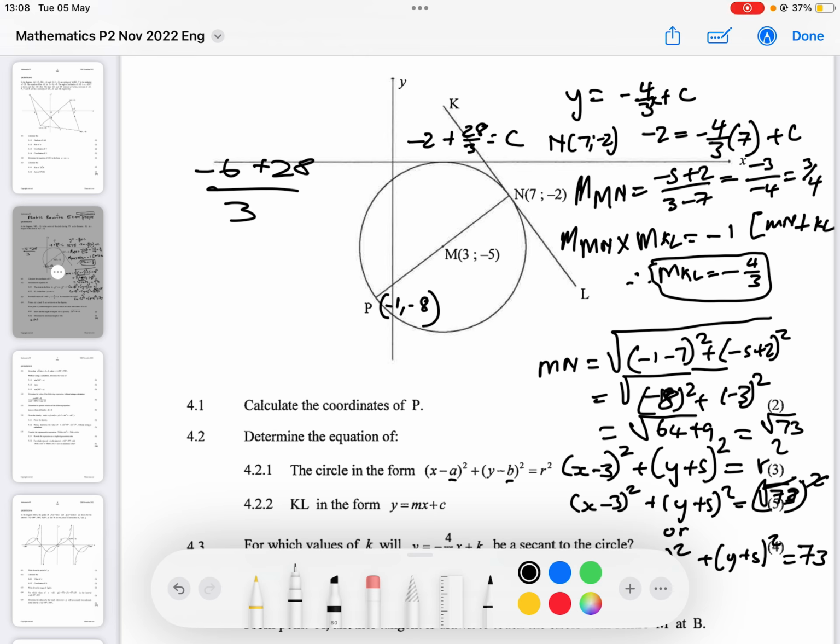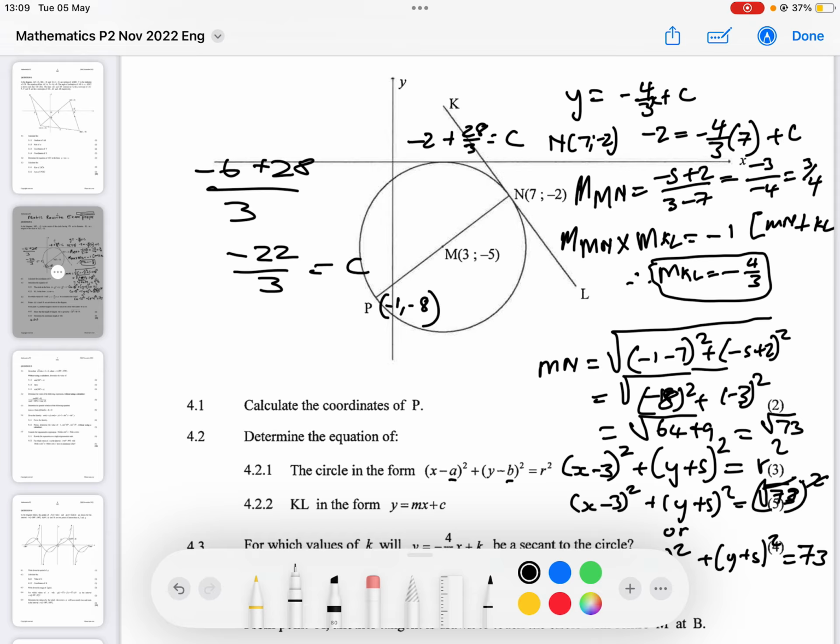So my solution will be something like minus 8 plus 28. It will be minus 22. Minus 22 divided by 3 will be my C.